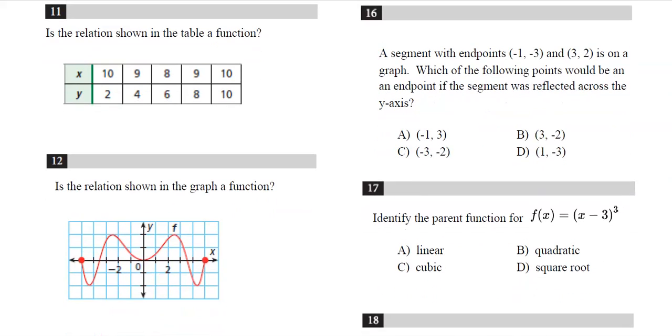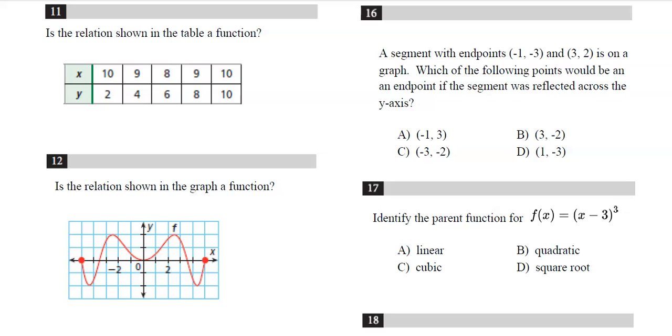All right, number 11 says, is the relation shown in the table a function? So what has to happen is every input can only go to exactly one output. So I think I made a reference that x's can't cheat, like the x's have to be paired up. And 10 goes with 2. I got a couple problems.